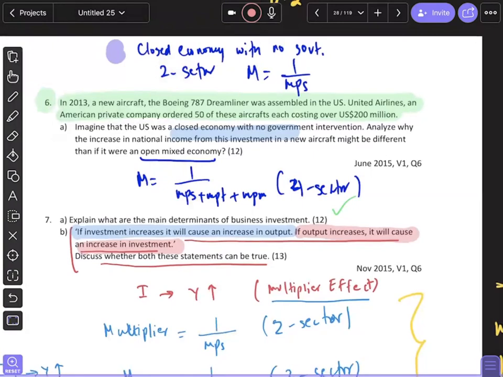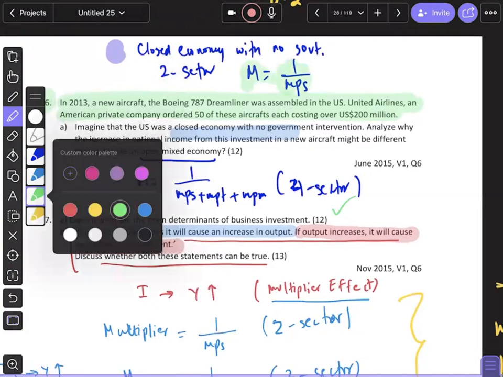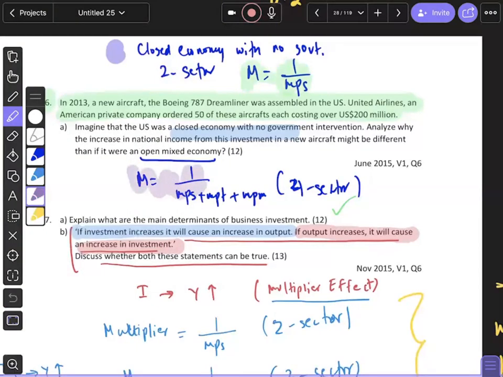Got it? So that's a good question, because it's asking us to compare a 2 sector model, where the multiplier is 1 over MPS, to a 4 sector model where the multiplier is 1 over MPS plus MPT plus MPM.